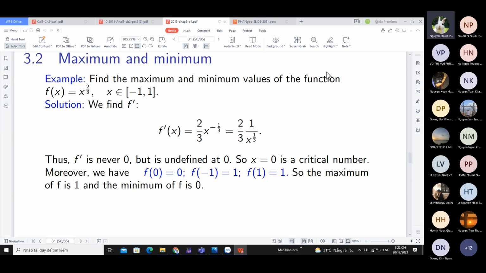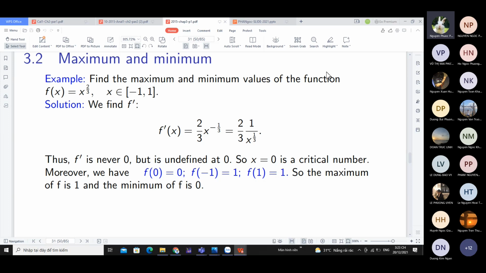So f prime of x is never 0. However, this time f prime is undefined at 0. In this example, f prime of 0 is undefined. It means f prime of 0 does not exist. And of course, 0 here belongs to the closed interval minus 1 and 1. So by definition, 0 is a critical number.